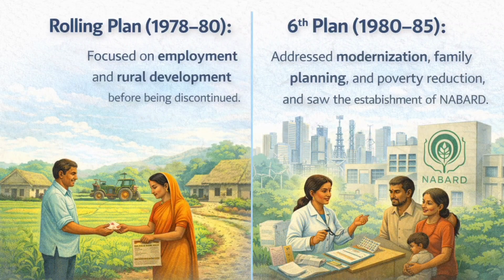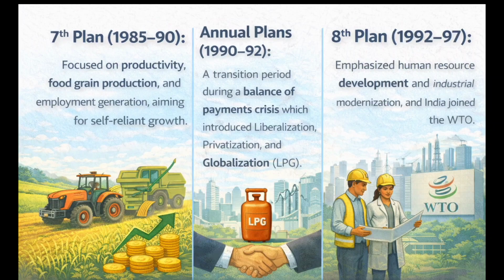Rolling Plan 1978 to 1980 focused on employment and rural development before being discontinued. Sixth Plan 1980 to 1985 addressed modernization, family planning, and poverty reduction and saw the establishment of NABARD.